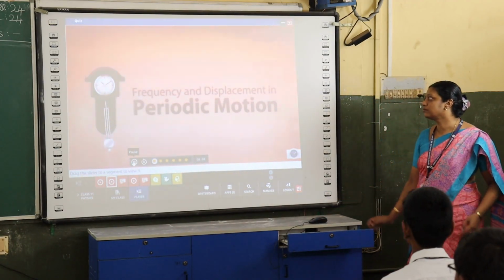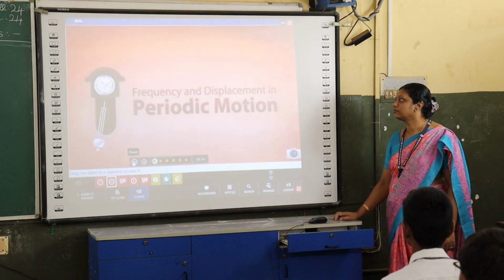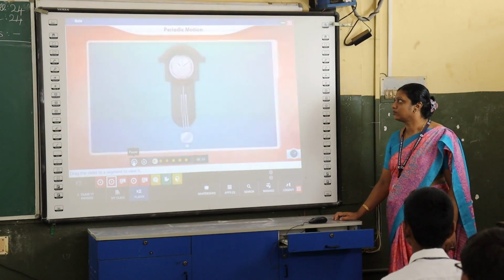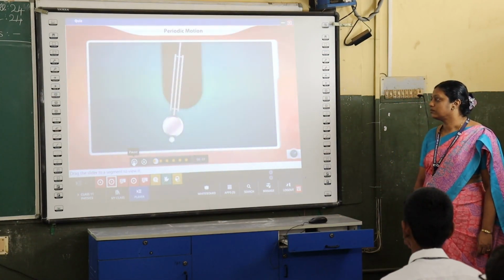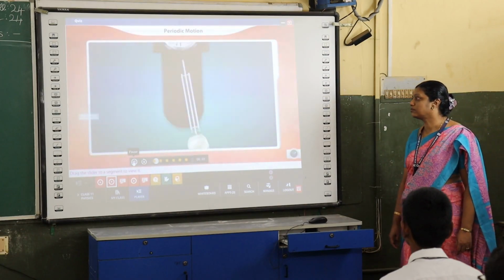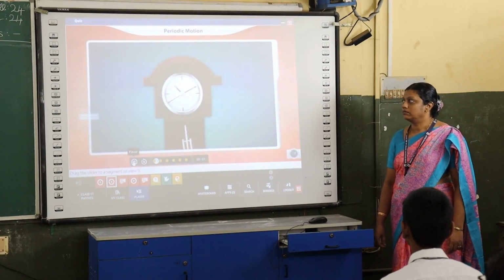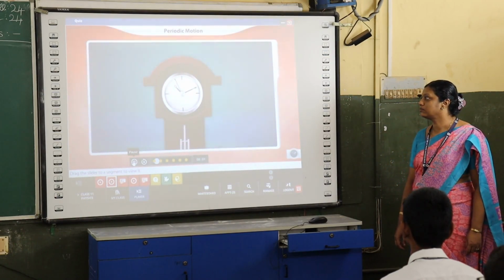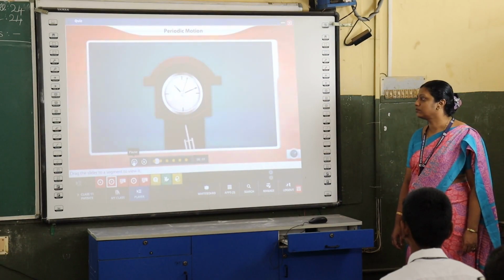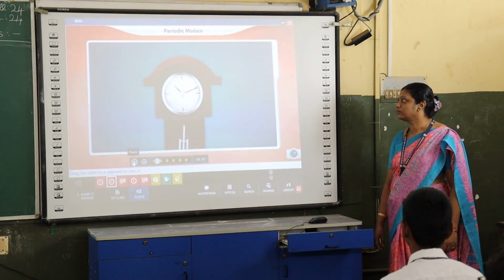Frequency and displacement in periodic motion. Have you ever observed the motion of the pendulum in a clock, or the motion of a clock's hands? Each of these bodies, the pendulum and the hands, follows the same path over and over again with time.